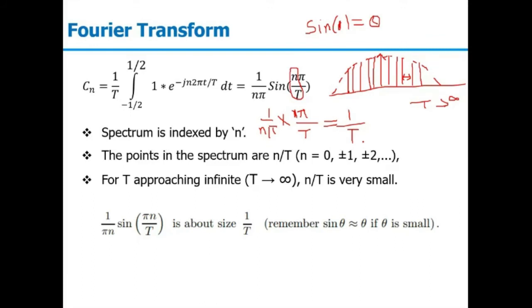So to avoid this problem, we can multiply this Cn by the time period T. In that case, when T is approaching infinite, sine theta is no longer a small value.